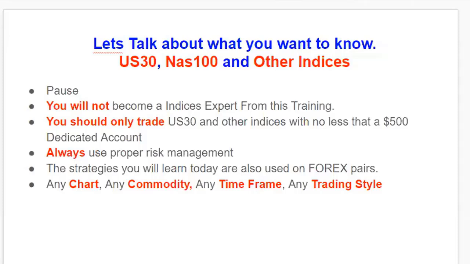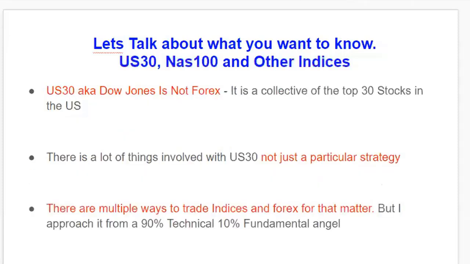You guys already know this when it comes to Forex pairs, but even more when you're trading indices. The strategies that you're going to learn throughout my sessions can also be used for Forex, foreign exchange. They can also be used on any chart, any commodity, any time frame, and any trading style.